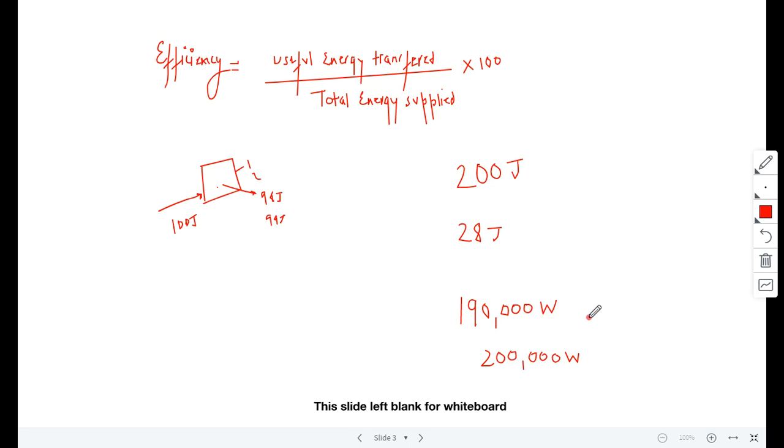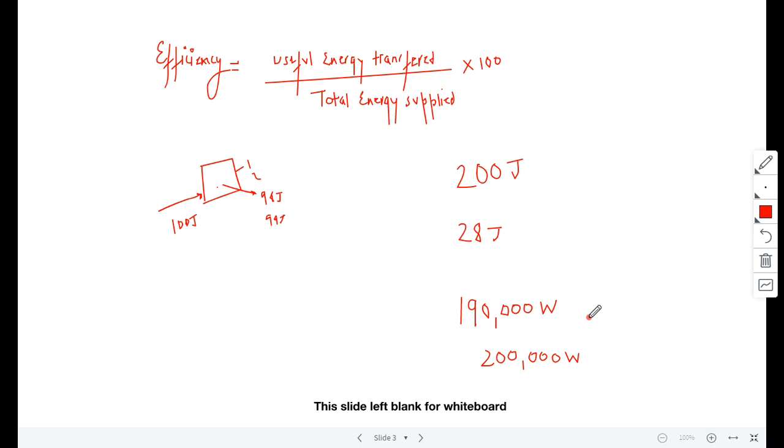How efficient is the transformer? Is it 95%? Okay, yes. Which means the transformer is very efficient, since 95% of the energy supplied to it is usefully transferred and only 5% of the energy is waste energy.